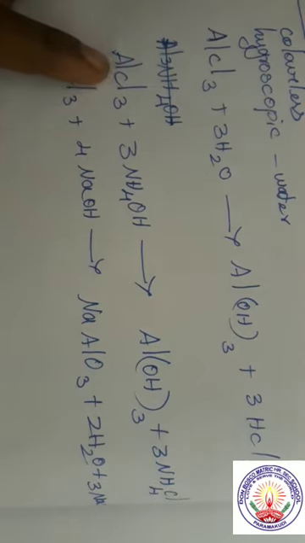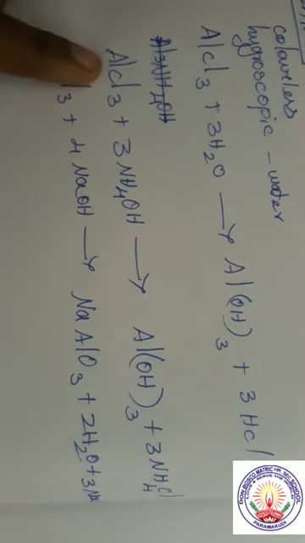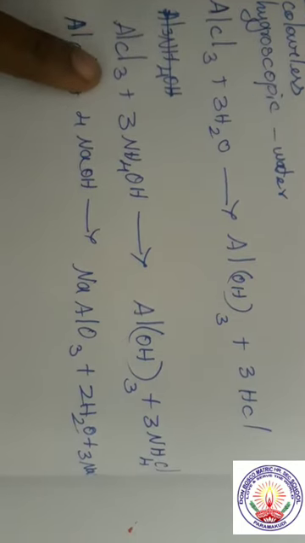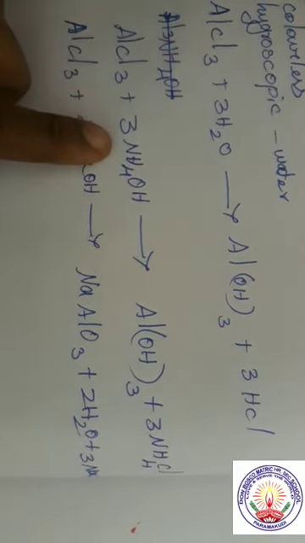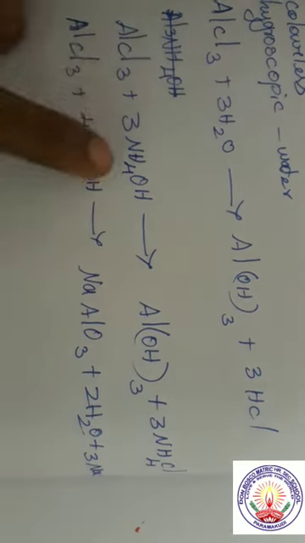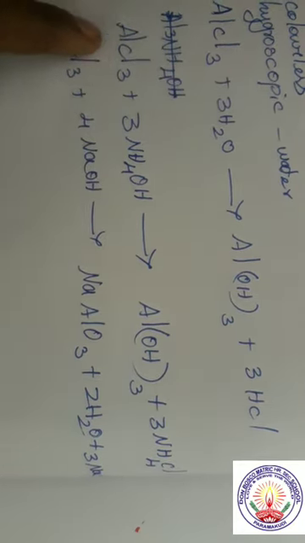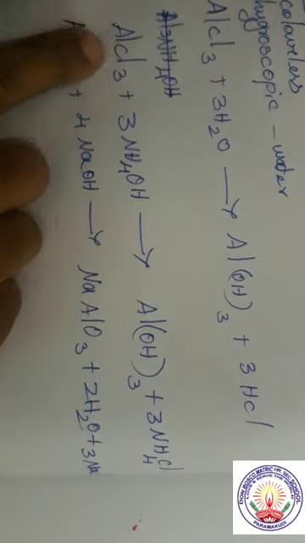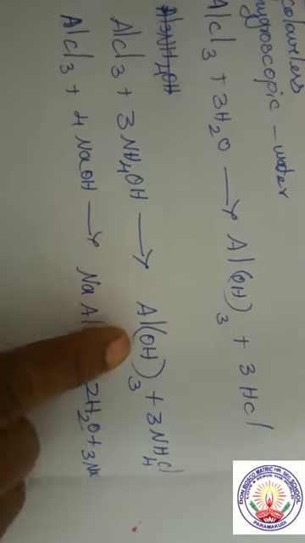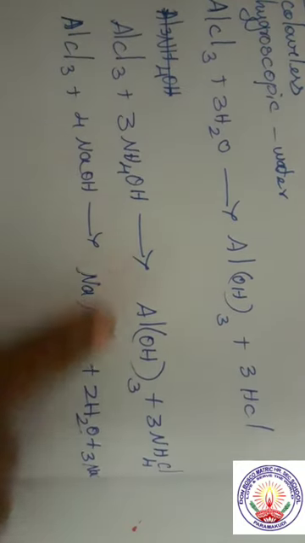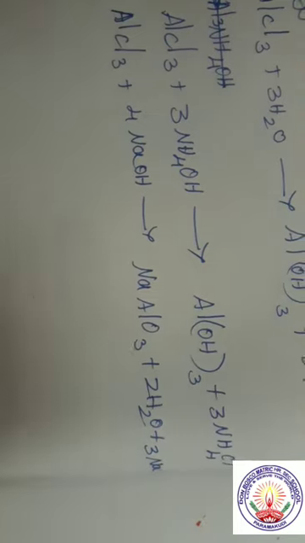This is also treated with ammonium hydroxide. See, aluminium chloride is treated with ammonium hydroxide, NH4OH, and the aluminium combines with hydroxide. We are getting aluminium hydroxide, that is Al(OH)3, and the ammonium combines with chlorine, and we are getting ammonium chloride.